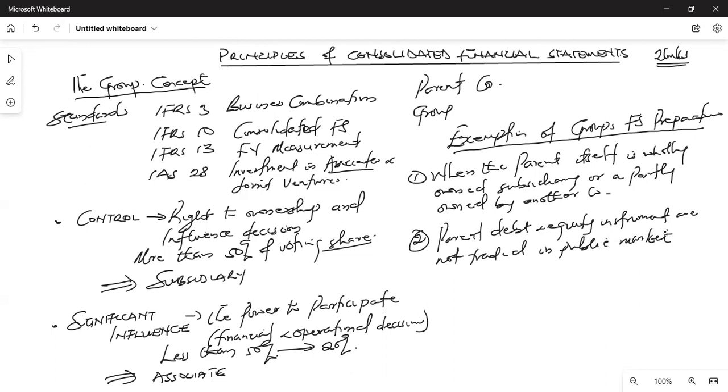So herein, private companies are not forced to prepare consolidated financial statements. There are others, like when the parent does not file financial statements to the Securities Commission, like the SEC, but these are the two main ones.